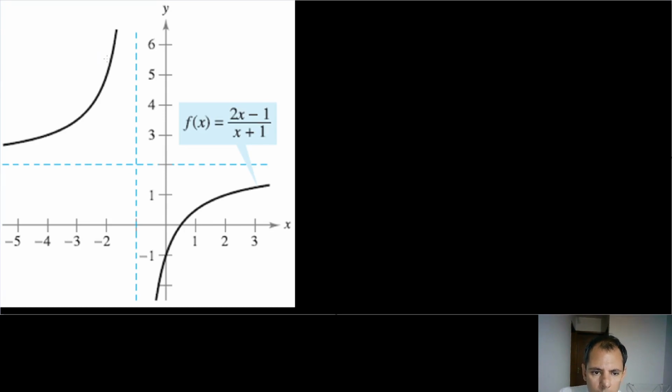Now, from the negative side, let's say that x approaches negative infinity. It's going to be like this: minus 2 infinity minus 1, which doesn't matter, because this term is so huge that the minus 1 doesn't make any difference whatsoever, divided by negative infinity, because the plus 1 doesn't matter either. So you've got a negative divided by a negative, which is a positive.